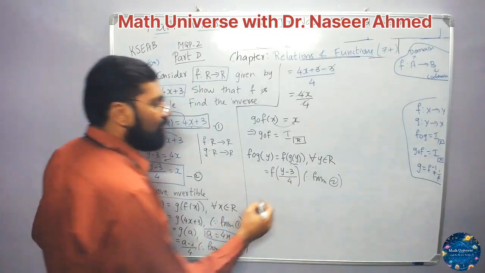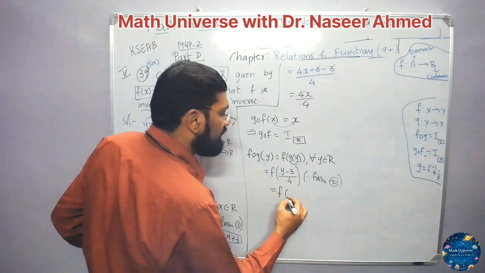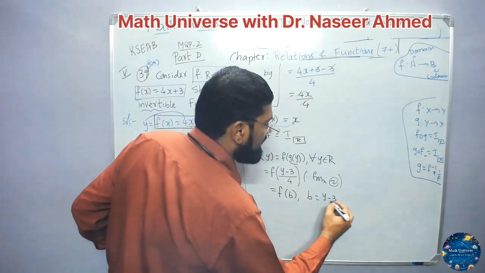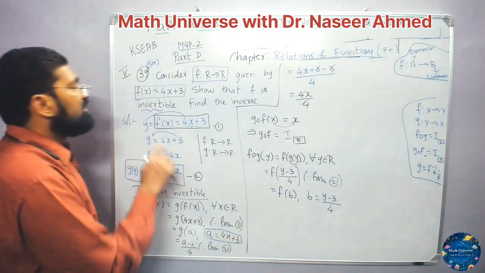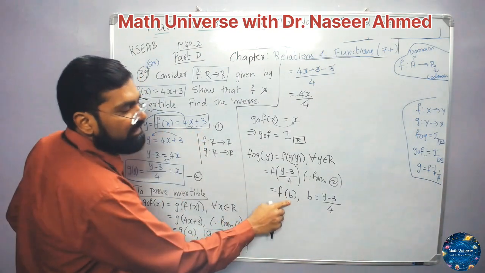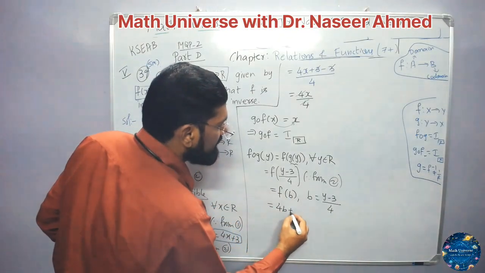Okay. Now again, this is difficult to handle. In case it is difficult, take it as some B. Where B is what? Y minus 3, whole divided by 4. Now F of B is there. F of X is 4x plus 3. Okay. So in place of X, what do we have? B. So substitute here: 4B plus 3.